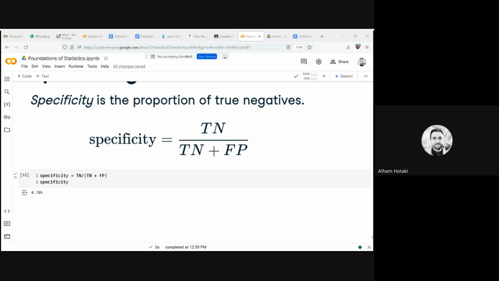Now let me go to another topic. This is called the performance of the logistic models that we just did. Let's proceed. There are two other topics remaining in this portion.